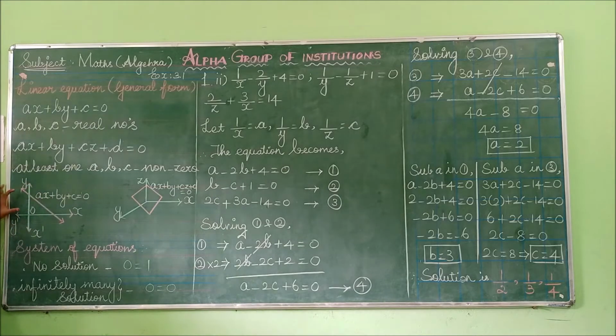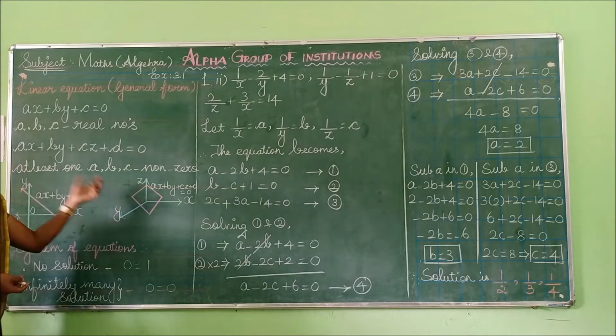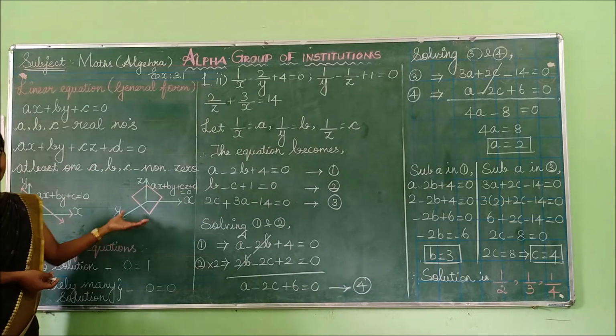Then listen, this is for two variables. Diagram for two variables: this is in the xy plane. It contains one straight line. The two variables in the xy plane form a straight line, which is called ax plus by plus c equal to 0. Then listen, if it contains three variables, how will the diagram be? It looks like this.